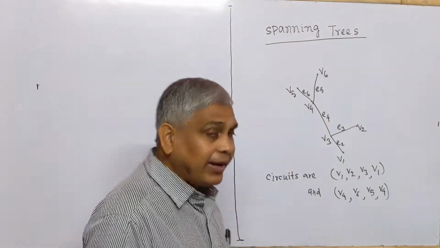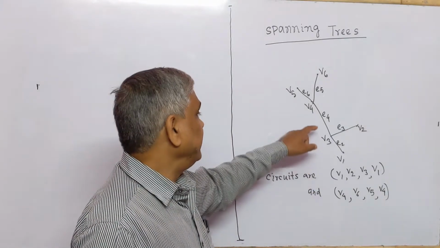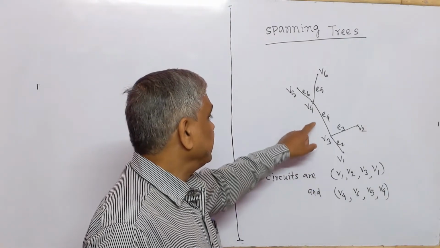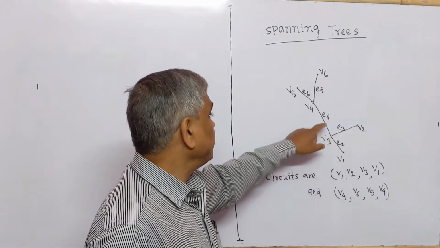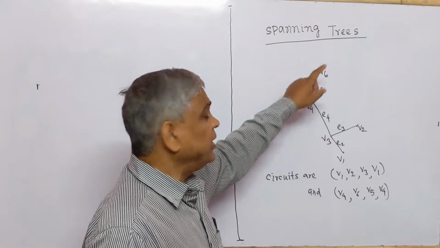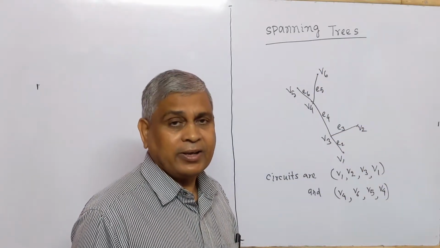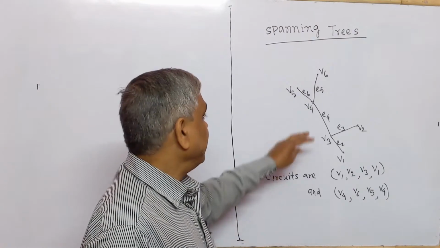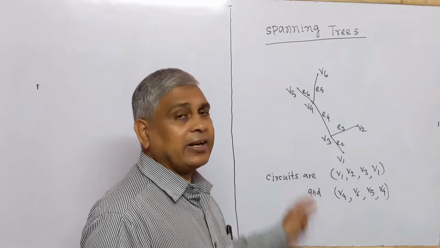we get again a connected graph, and in this graph the vertices are V1, V2, V3, V4, V5, V6, same as it was present in the graph, and here we get circuitless connected graph.